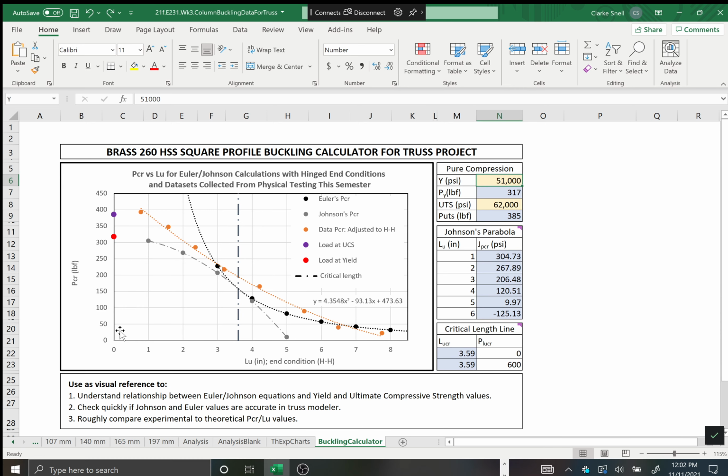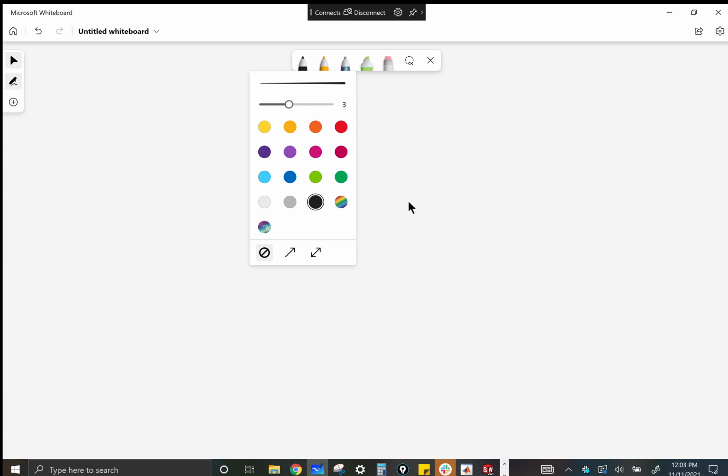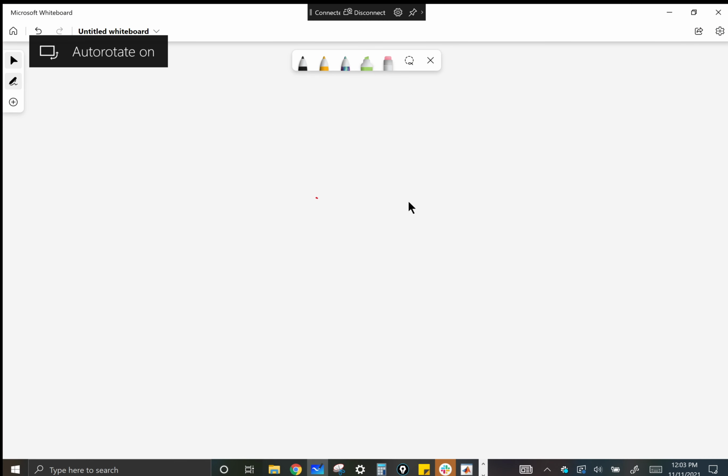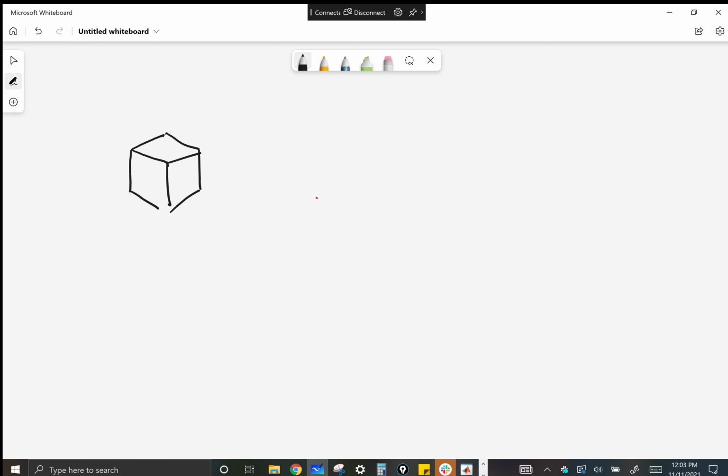Okay, so if we go back to the drawing, what I'm saying there basically is if we have a short, fat thing, it's going to respond just as we did in compression: stress is load over cross-sectional area, and the same idea that these cross-sections are taking the load.